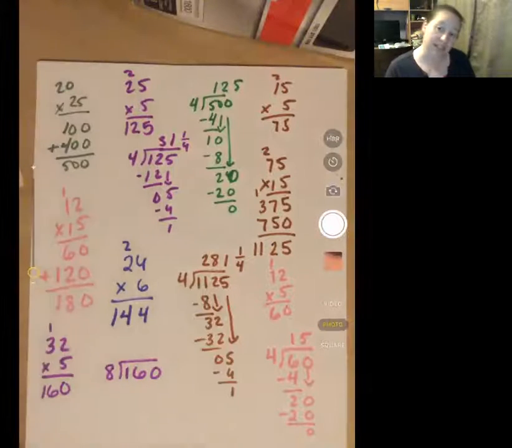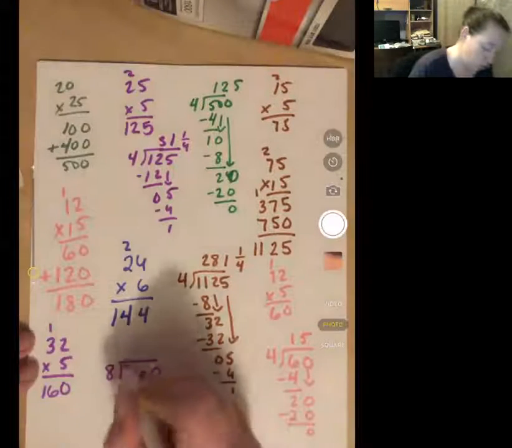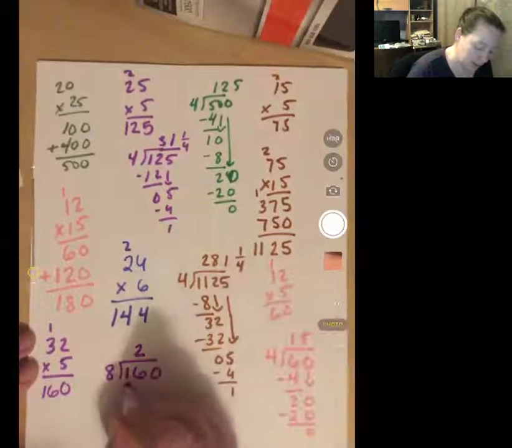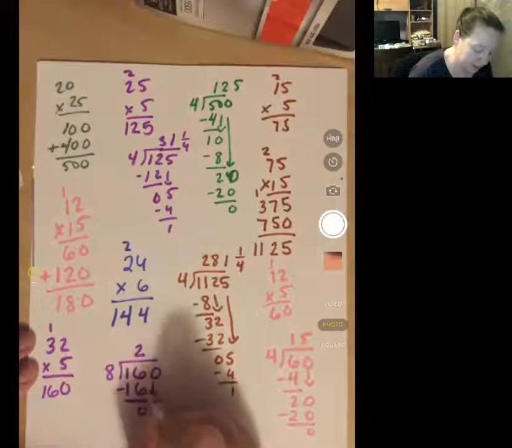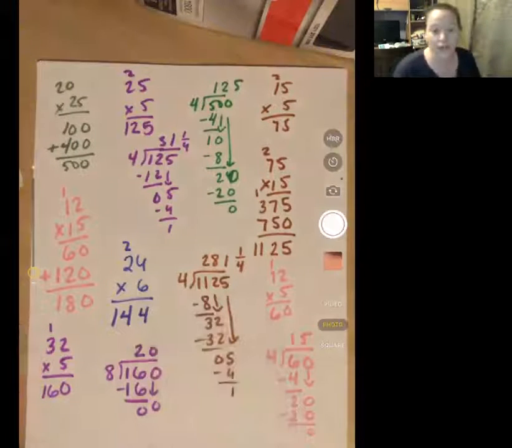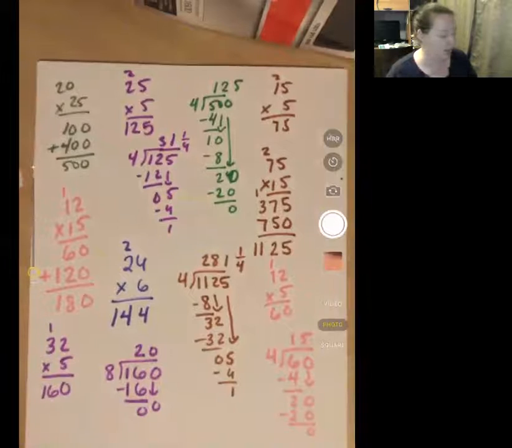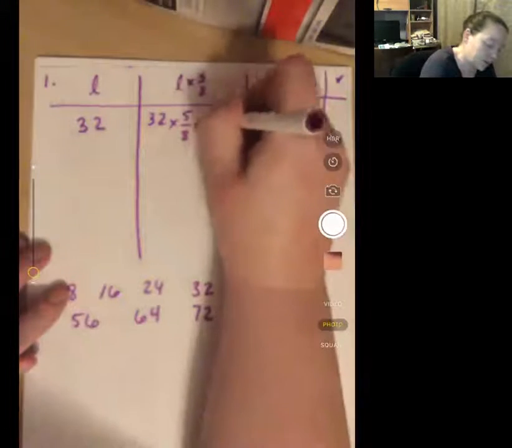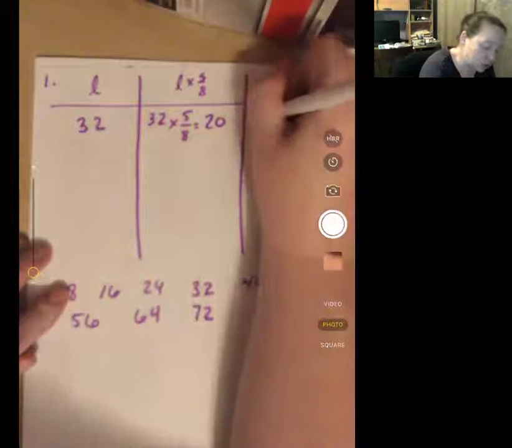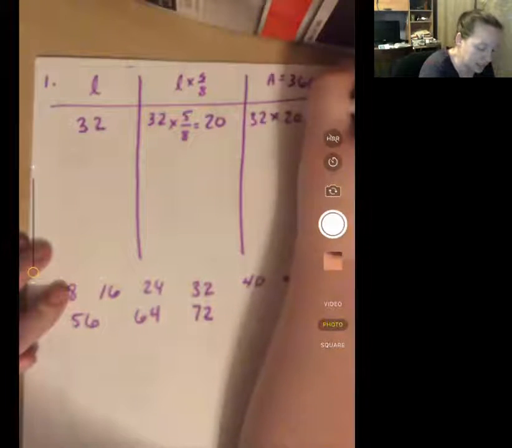8 goes into 16 how many times? 2. 2 times 8 is 16. 16 minus 16 is 0. Bring down the 0. So 8 goes into 0 0 times. So that ends up being a 20. So I now have 32 times 20.